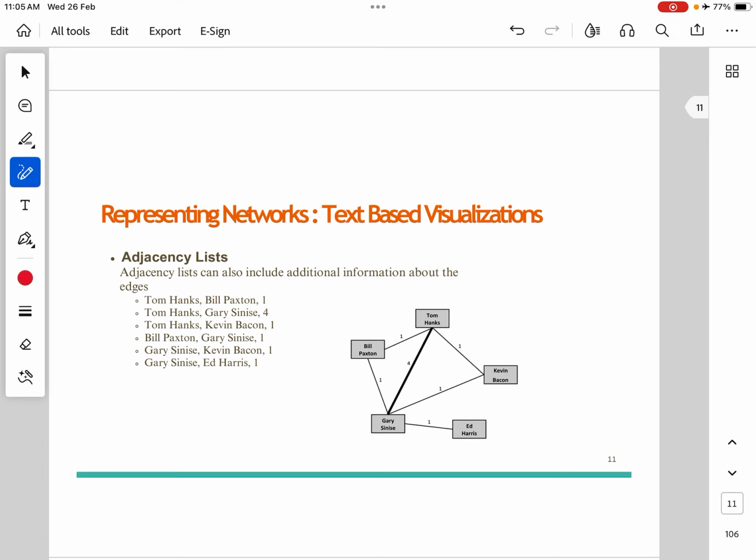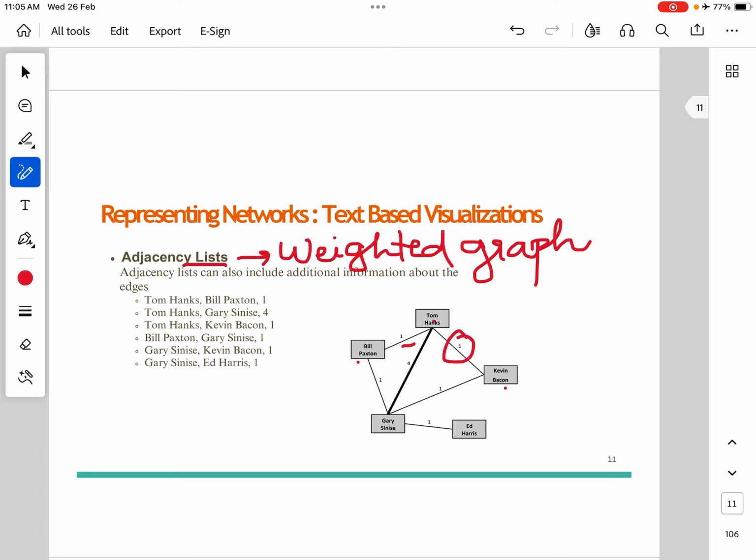If this is a weighted graph, then we have to write the weight as well. That is Tom, comma, Bill, comma, 1. Tom, comma, Kevin, comma, 1. Tom, comma, Gary, comma, 4. Then Bill, comma, Gary, comma, 1. Gary, comma, Kevin, comma, 1.